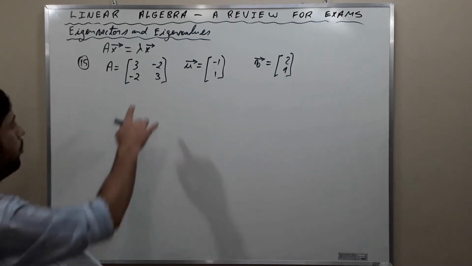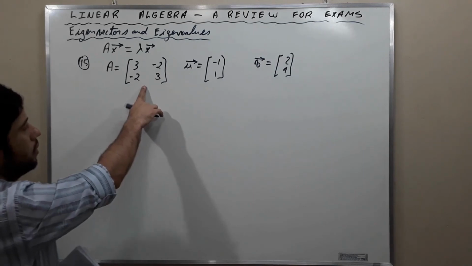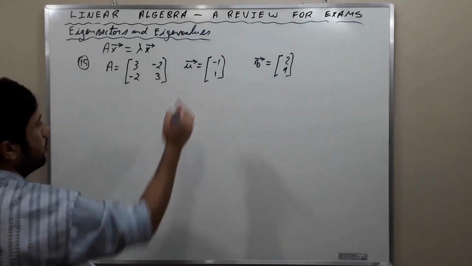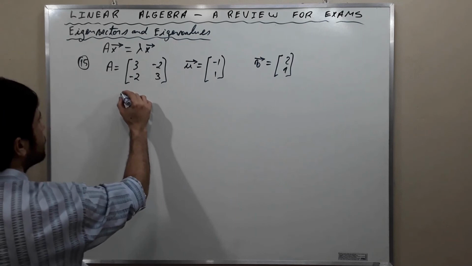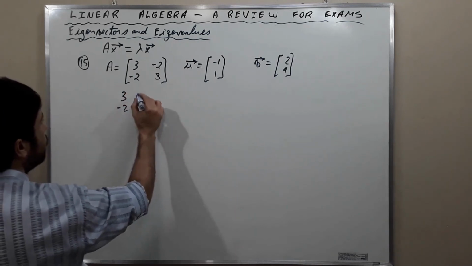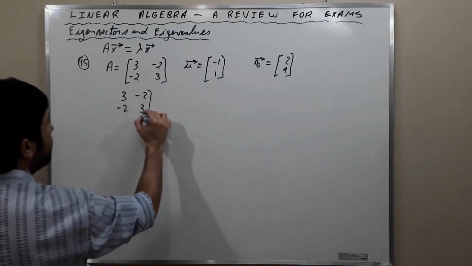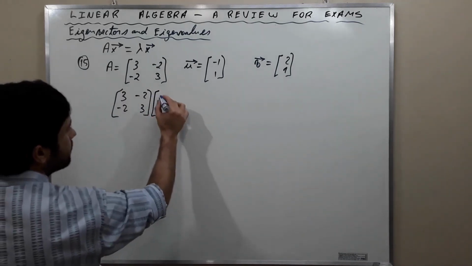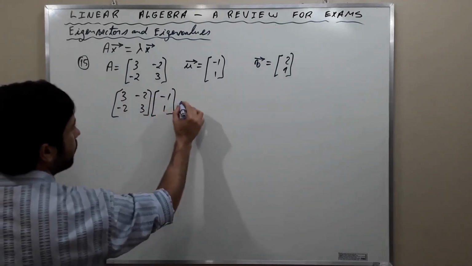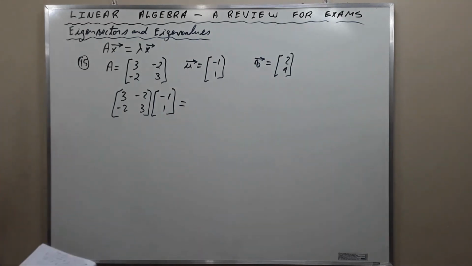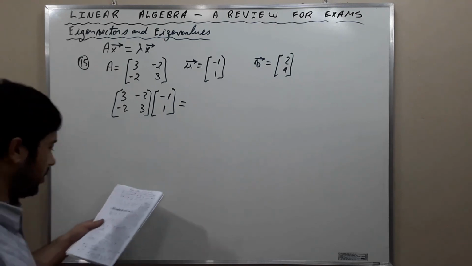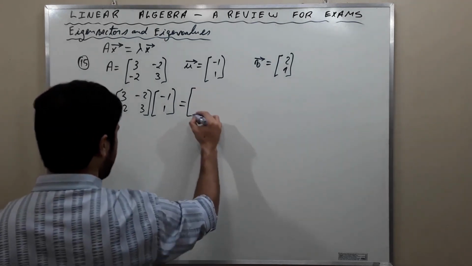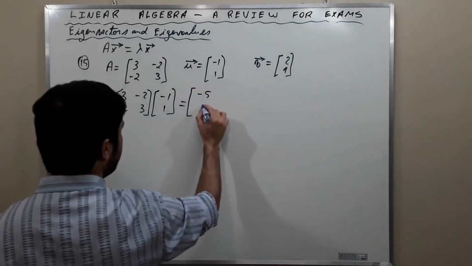So we need to apply the transformation to the vector. 3, -2, -2, 3. By applying the transformation to the vector, we discover this vector here, -5 and 5.